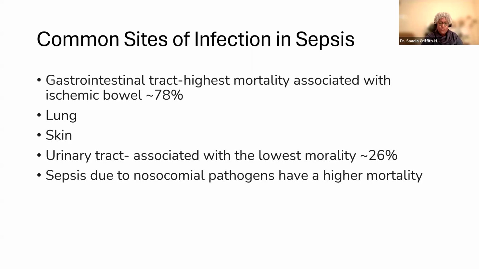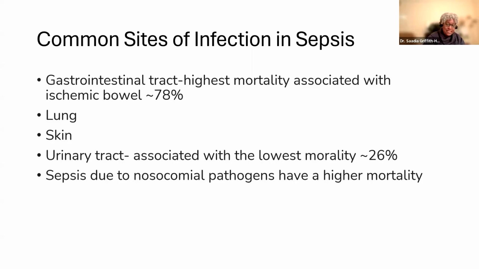But if we were to reorder this slide in terms of the frequency of infections that cause sepsis, the number one site would be the lung. So 40 to 60% of cases, pulmonary cases, are the site of infection. And then after that, abdominal cases or GI cases are responsible for 15 to 30%.